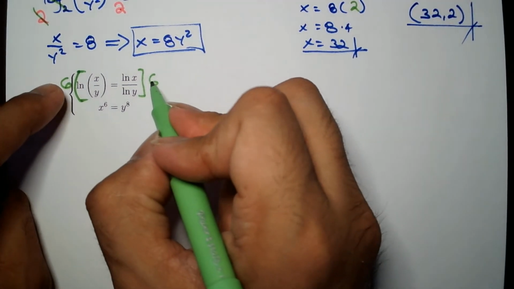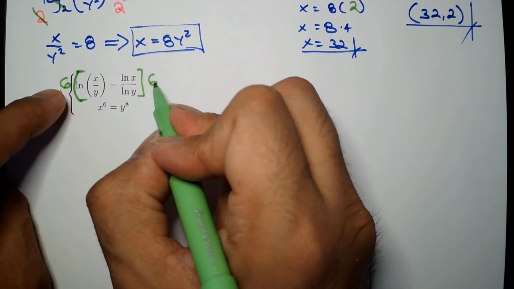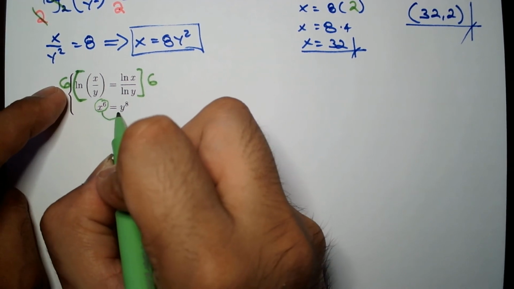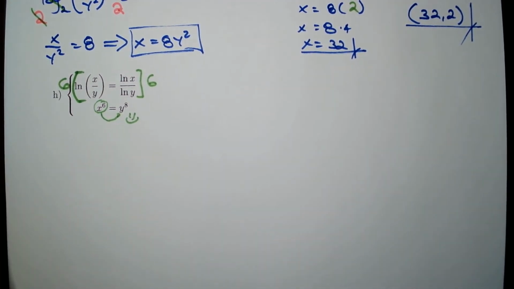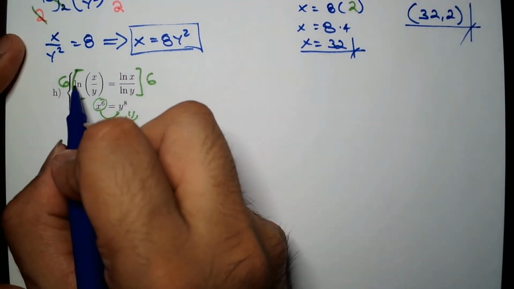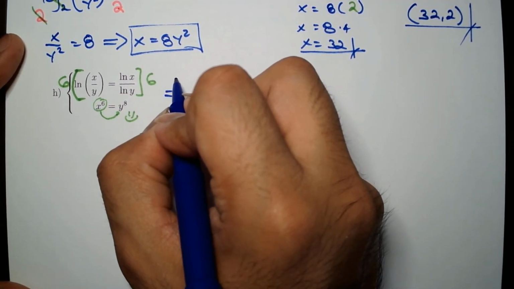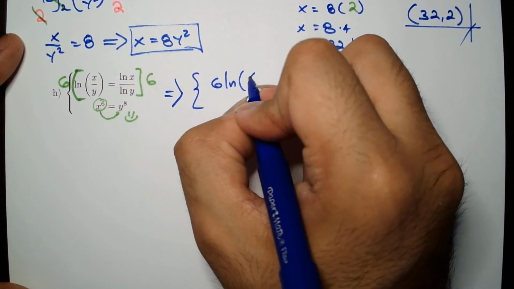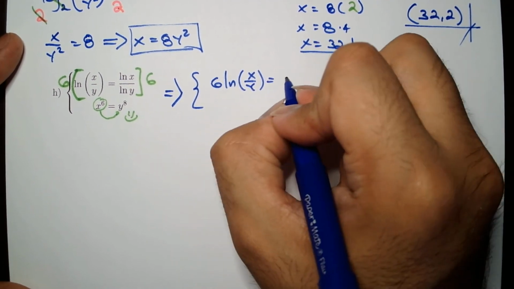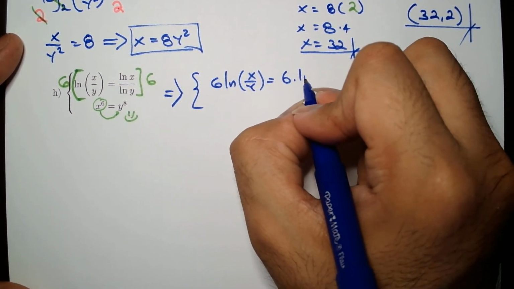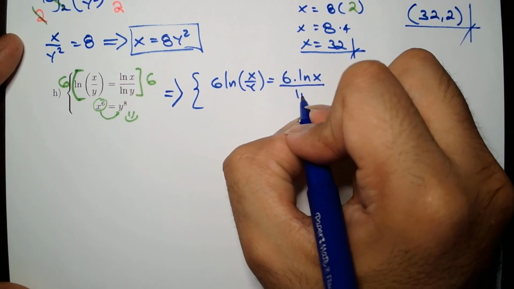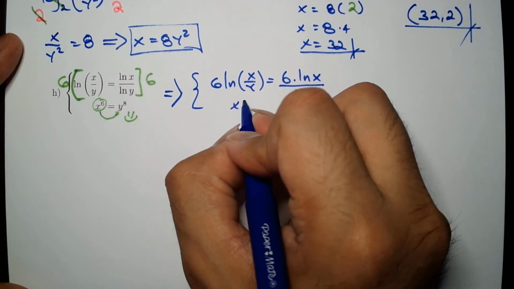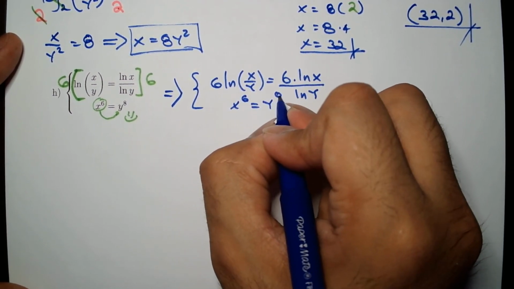Well, because when I apply the properties of logarithms, somehow I will make this x to the 6 appear, so we can substitute that y to the 8. All right, so in this case, let's rewrite the system as 6 ln of x over y equals 6 times ln of x divided by ln of y. Be careful when multiplying both sides by 6. And then x to the 6 equals y to the 8th power.